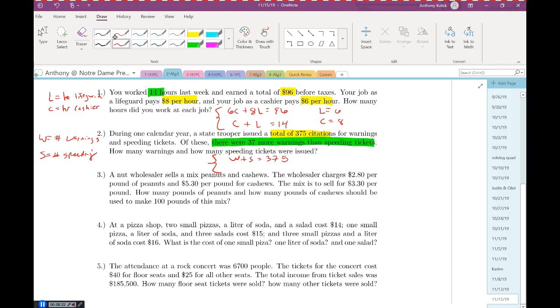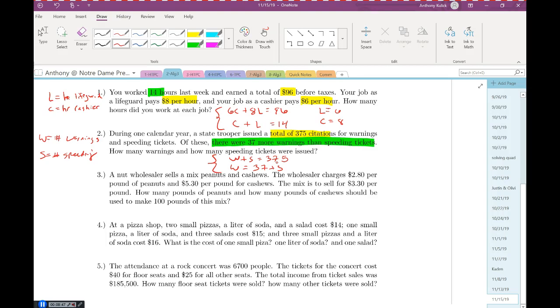Because it says 37 more warnings than speeding tickets. Everybody agree with that? So I can say that W is equal to 37 plus S. Everybody agree with that? Notice how I did the problem numerically before I did it with variables to make sure it made sense based on the sentence there, right?